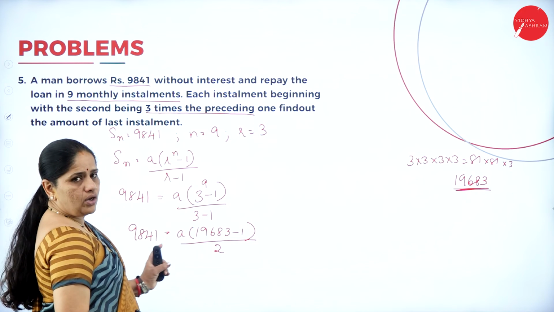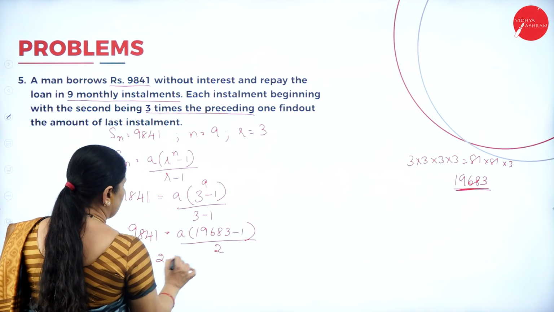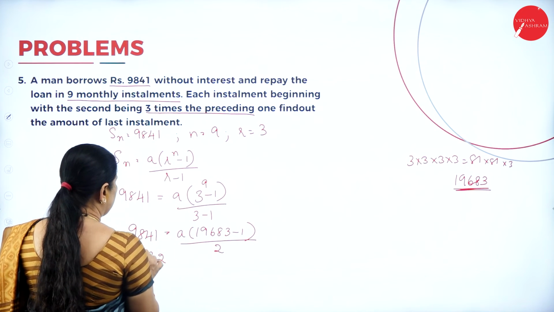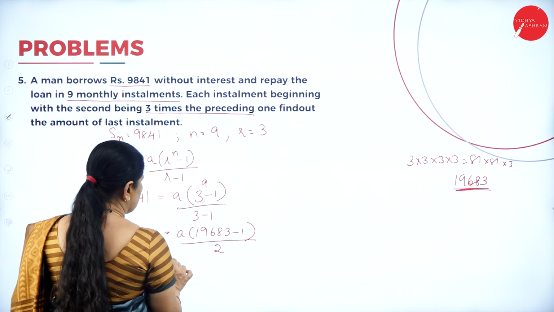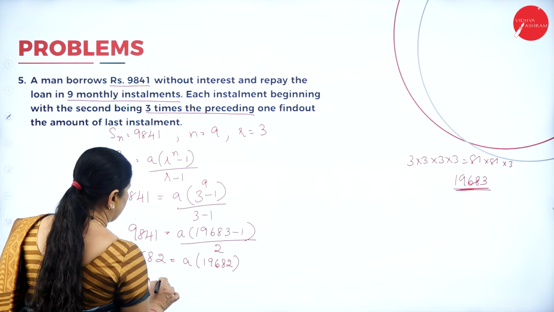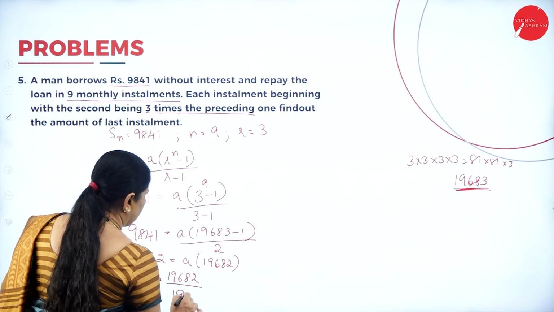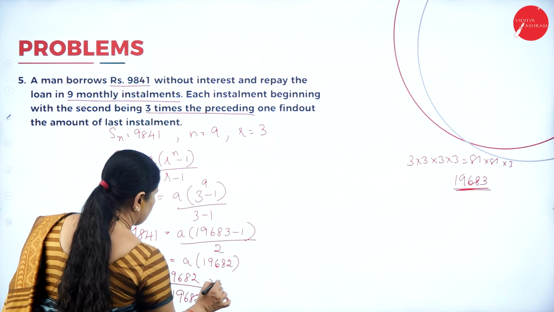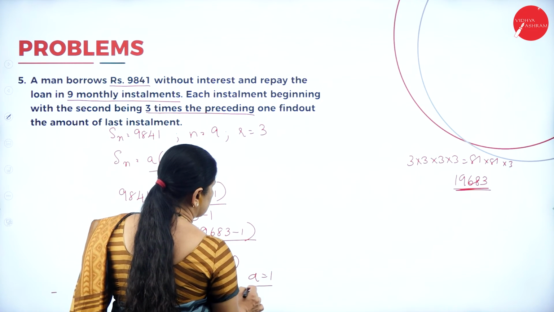So, when I cross multiply this, I get 2 1s are 2, 2 4s are 8, 2 8s are 16, 2 9s are 18, 19. So, A will be equal to 19,682 by 19,682, that is equal to 1, or A equals 1.